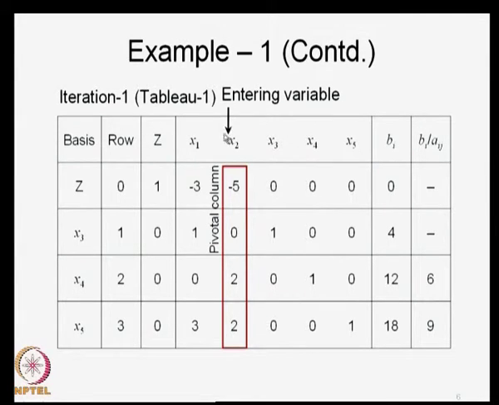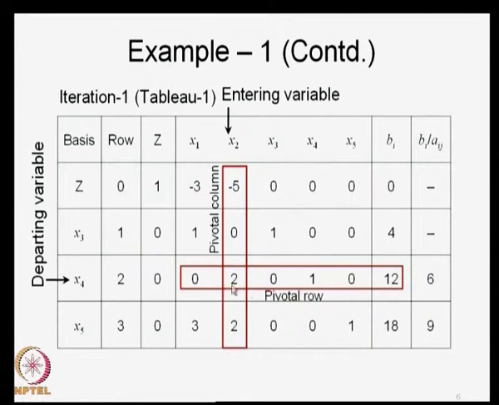We have identified the entering variable. Now, we are going to identify the departing variable. The departing variable is the variable which has the minimum value of Bi by Aij among all the values that you have calculated. Now, these are positive values. So, this becomes the departing variable and we identify this as the pivotal row.